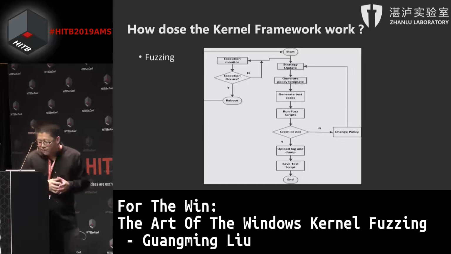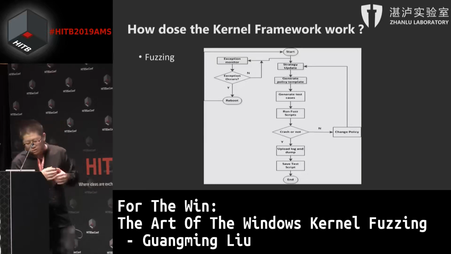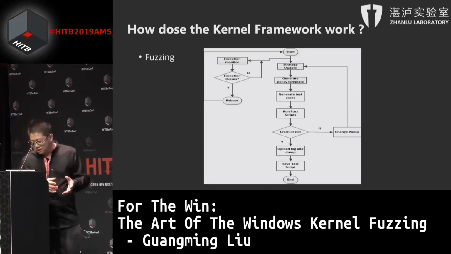If we find a system crash, the fuzz framework will upload the log and the crash dump, and it will save the test script.